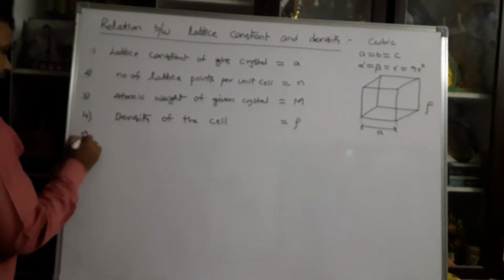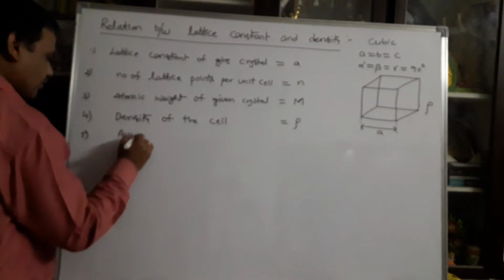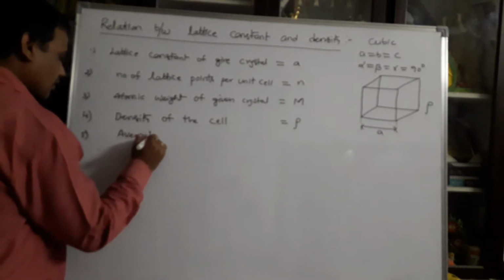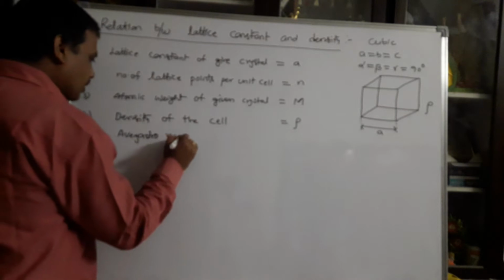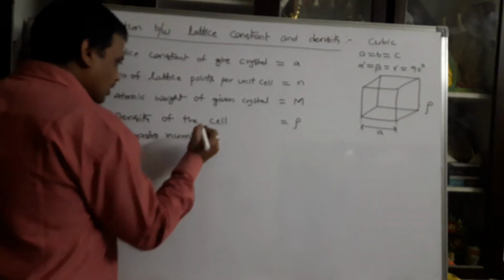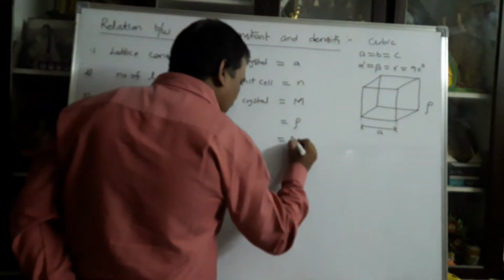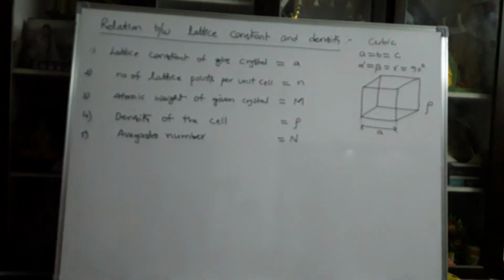Fifth, the Avogadro number is always taken as capital N.